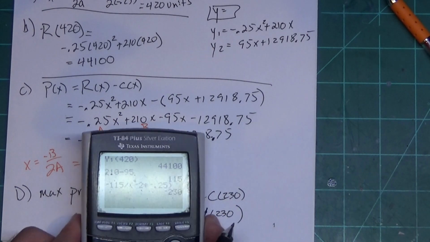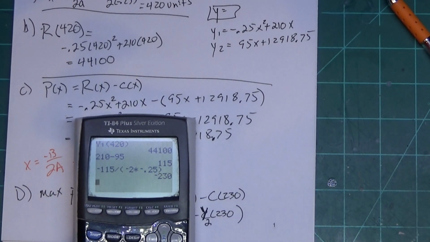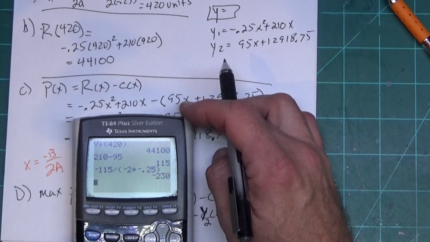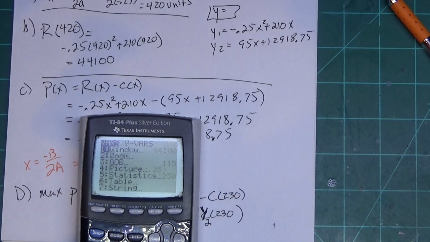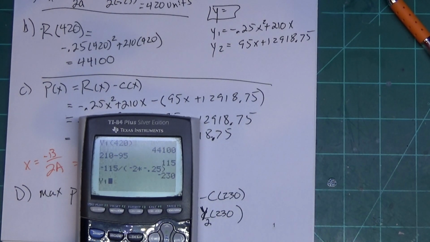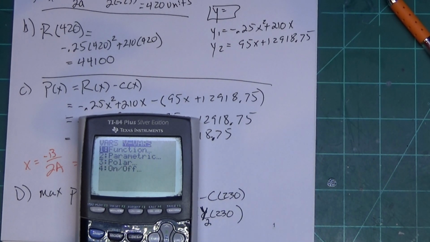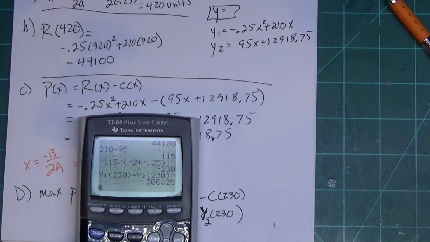So on the calculator screen, I'm going to type vars. Let me look. No glare. Good. We're going to type vars over to Y vars. Press enter to get Y1, parenthesis, 230, close parenthesis, minus vars over to Y vars, enter, and I want to get Y2 because that's cost of 230, close parenthesis, enter.